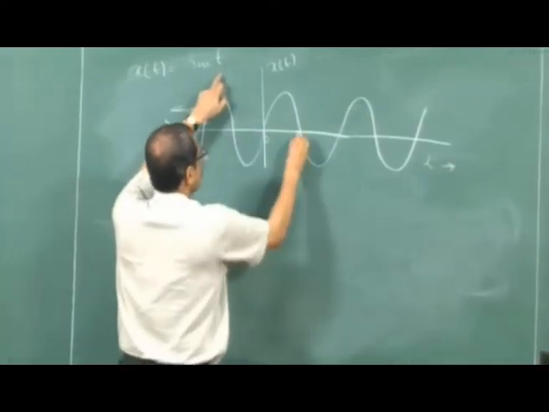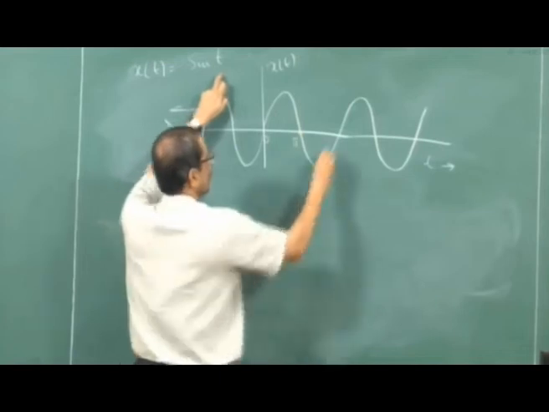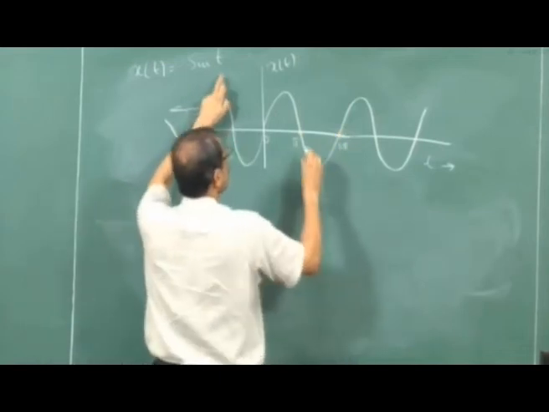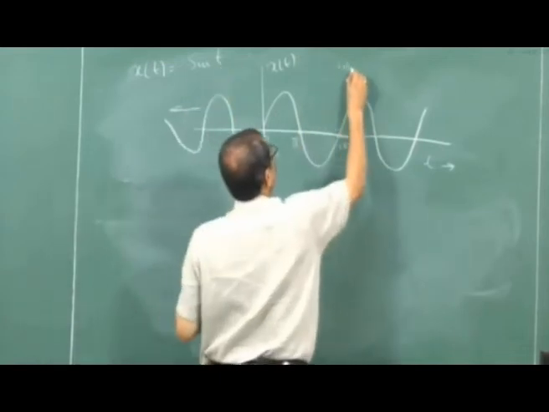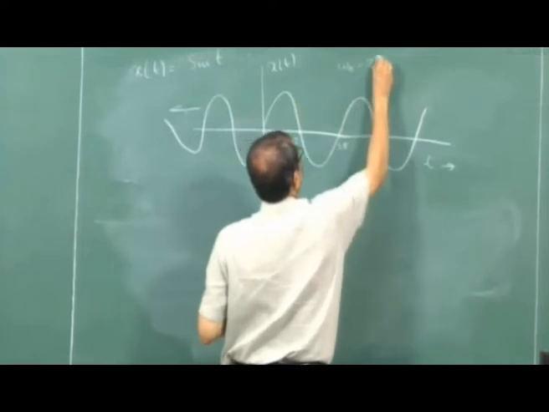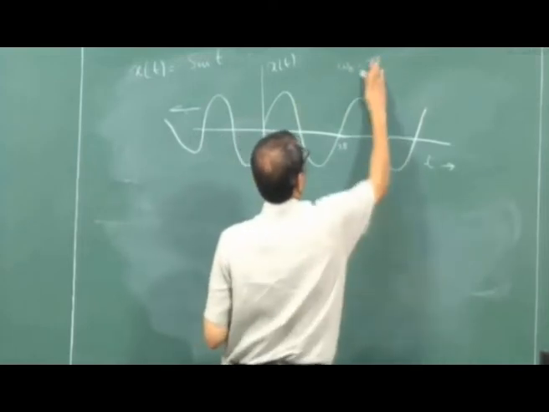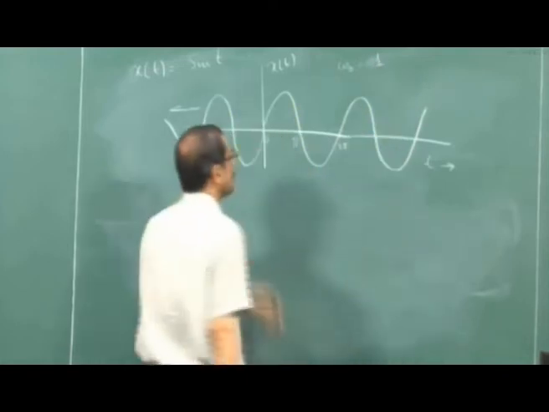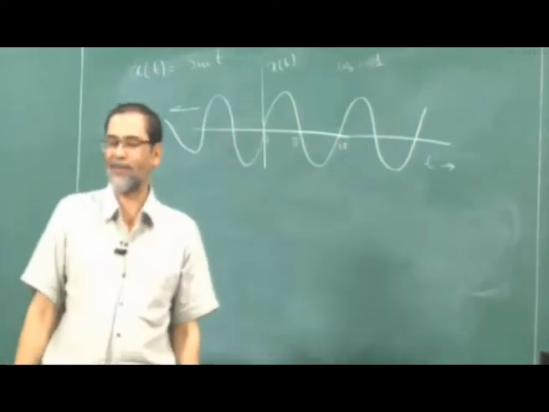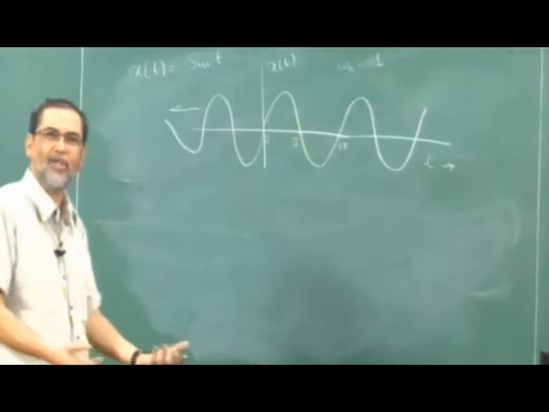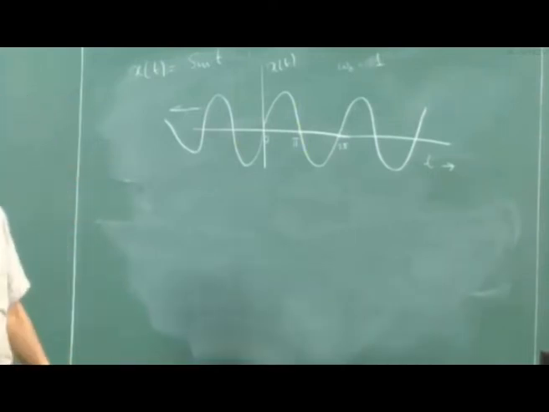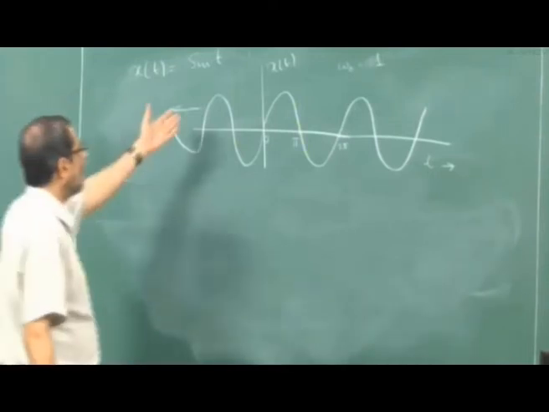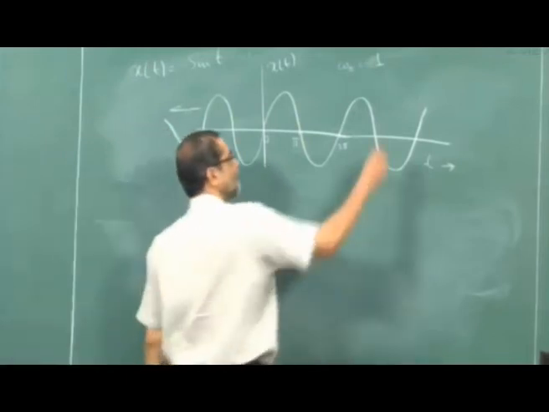It is initially 0, sin pi is 0, sin 2 pi is 0. So the fundamental frequency, sorry, in this case the fundamental frequency is 1. Period is 2 pi. T naught is 2 pi, f naught is 1 by 2 pi, and omega naught is 1 radian per second.